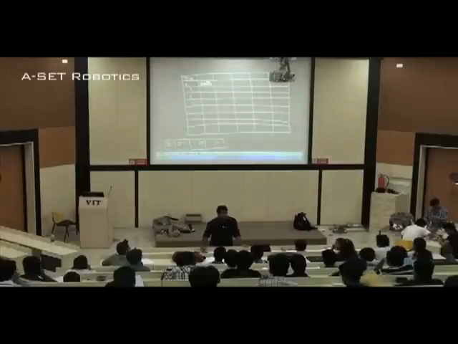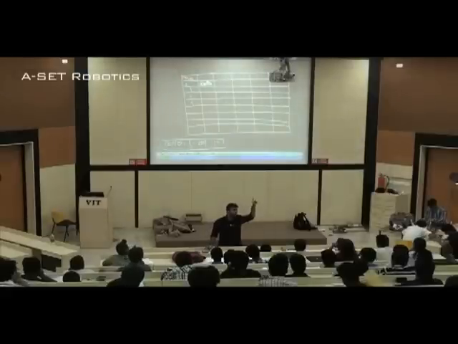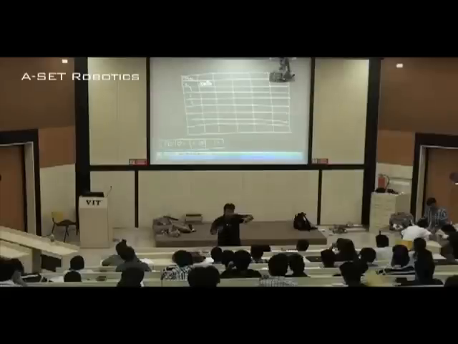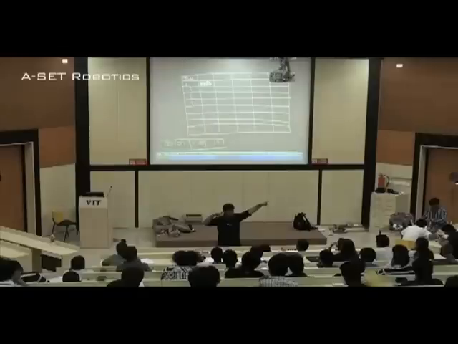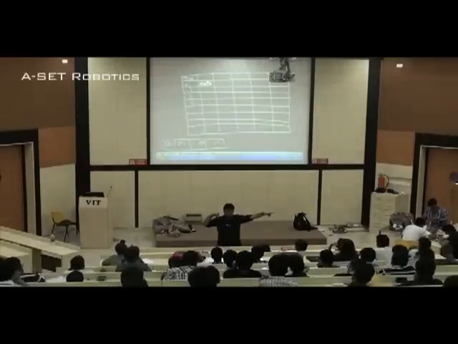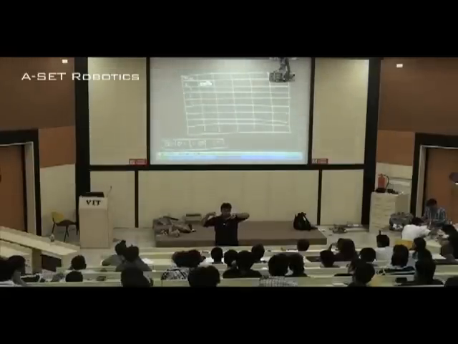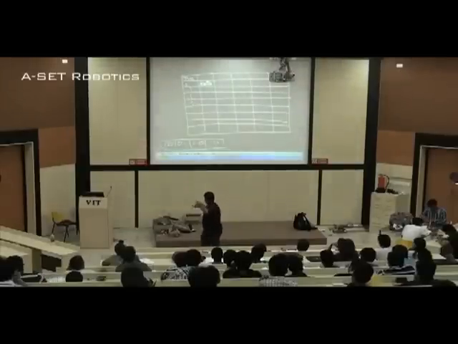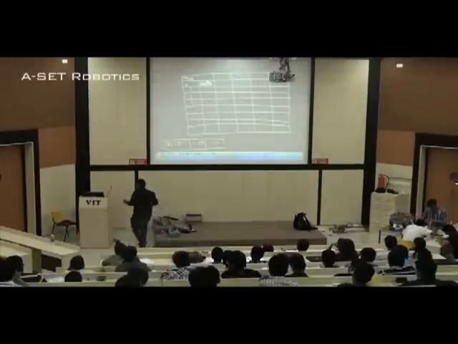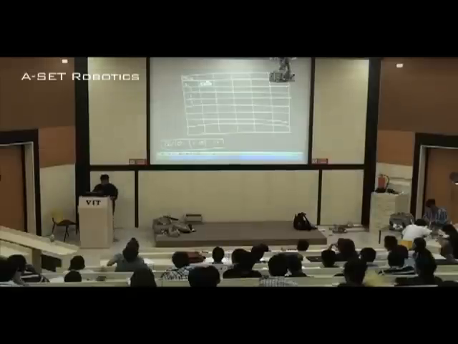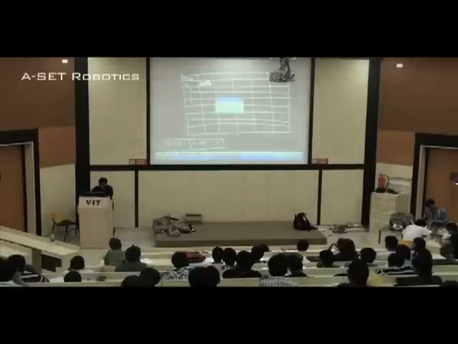So we specify the memory location and we say whether to read or write. If we say read, it will put the data from that memory location onto the data bus. If we say write, the data on the data bus would be written to that memory location. Easy enough, right? So this is the concept of memory. Now we again get back to the diagram that we were doing.